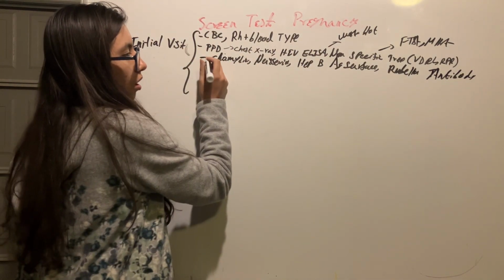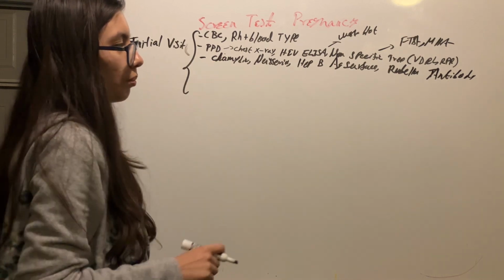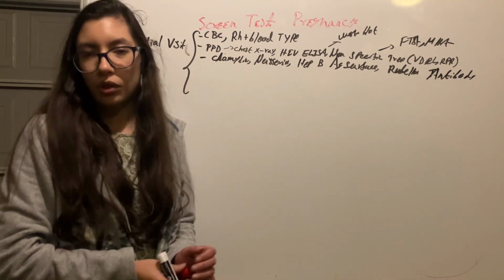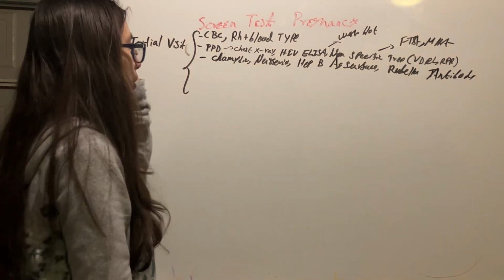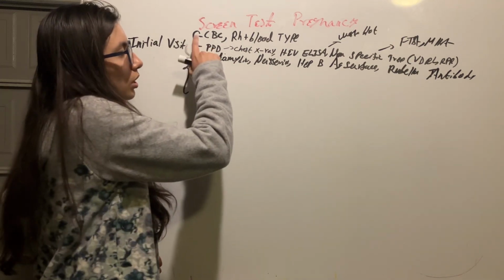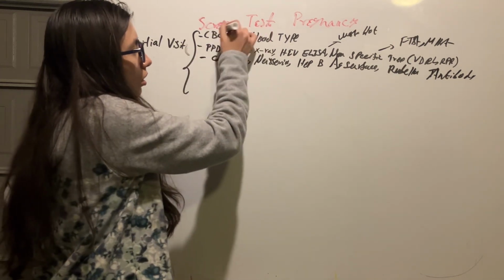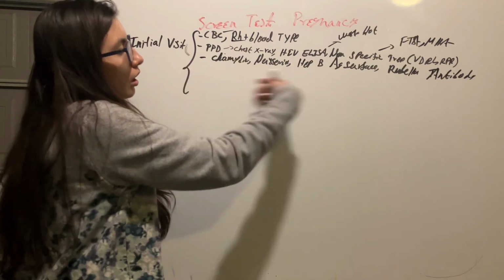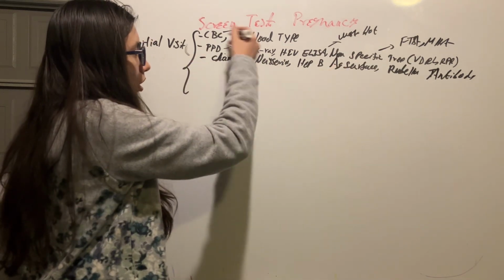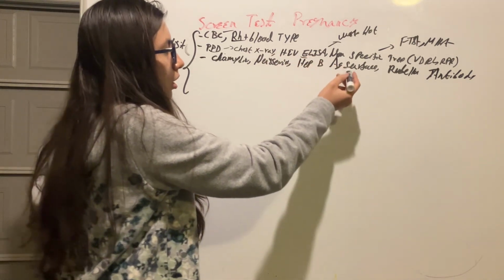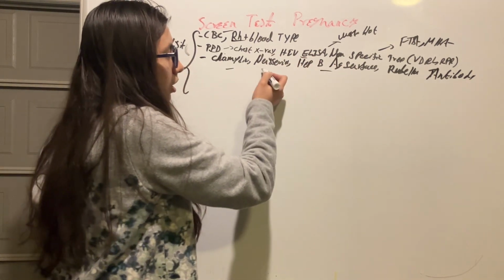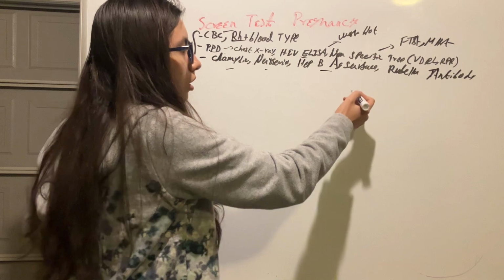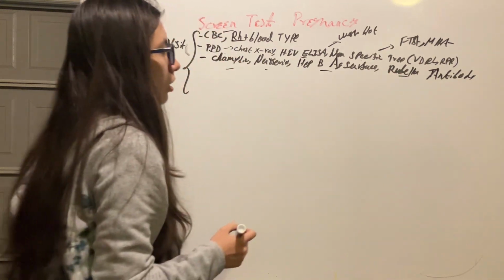Sometimes we can also test for hepatitis C, depending on the population, but practically it is complete blood cell count, the Rh and blood type, and the screen for diseases, so tuberculosis, HIV, hepatitis B, chlamydia, Neisseria, Treponema, and rubella.